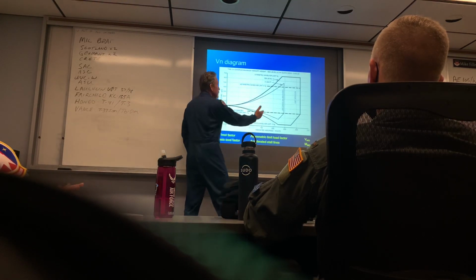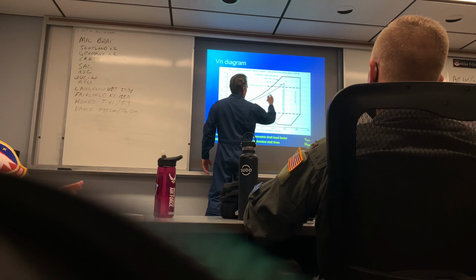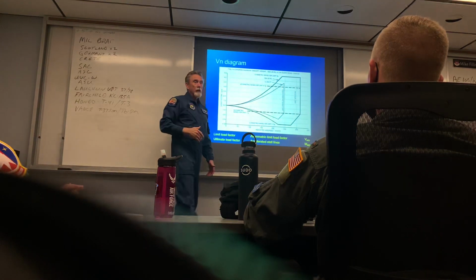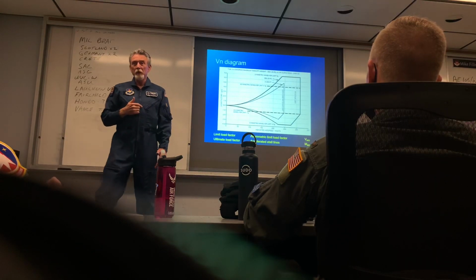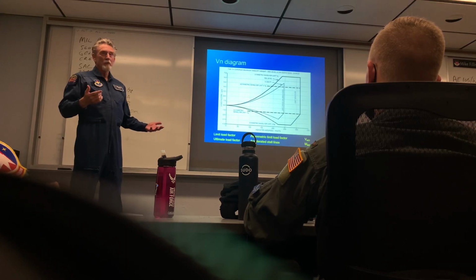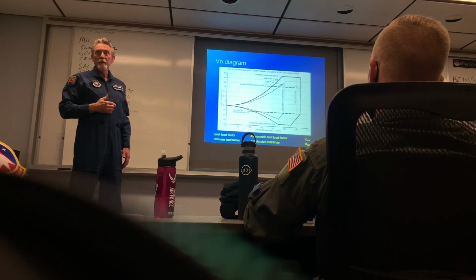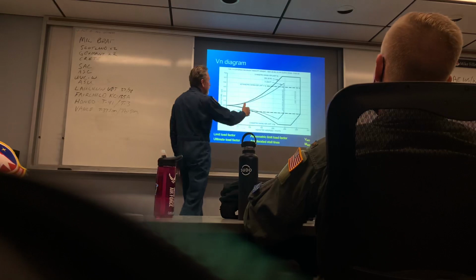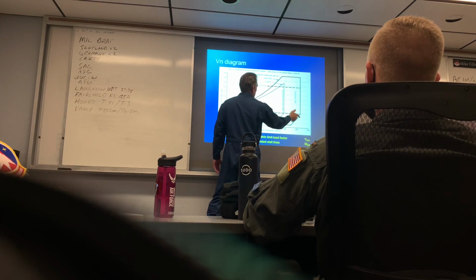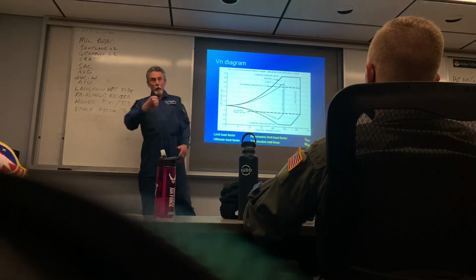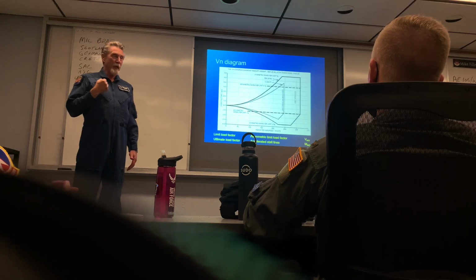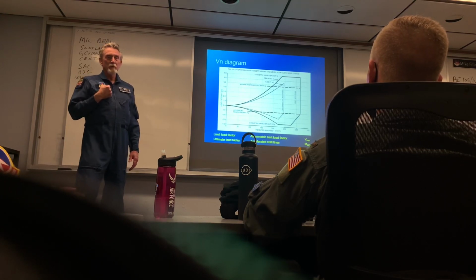In this range, particularly between here and here, to the left of those 2 lines, I can't break the airplane by pulling Gs, because I'll stall before it will break. If I get up into the range for asymmetric above here, or here for symmetric, and I pull hard enough, I'm going to bend the airplane, because it's going to bend before it stalls.